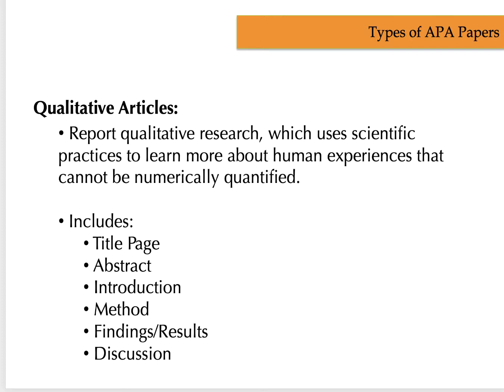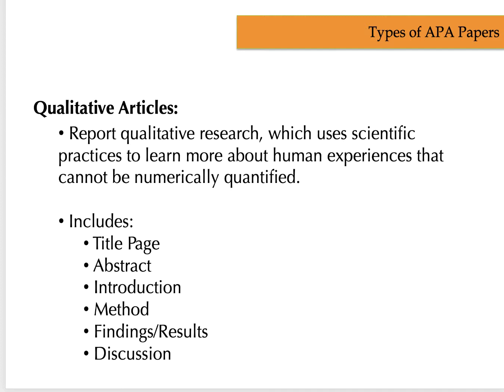Qualitative articles. Qualitative articles are articles which use scientific practices to learn more about items that cannot be numerically quantified. So qualitative is non-numerical, and you can actually use numbers in qualitative papers, but those numbers are just normally labels.